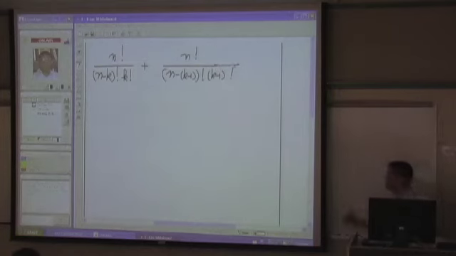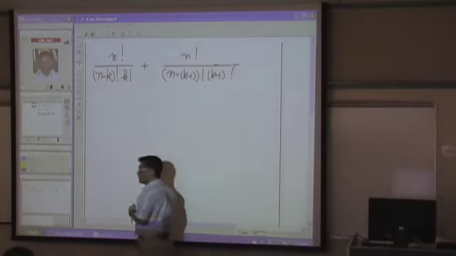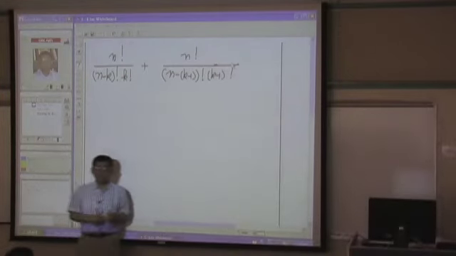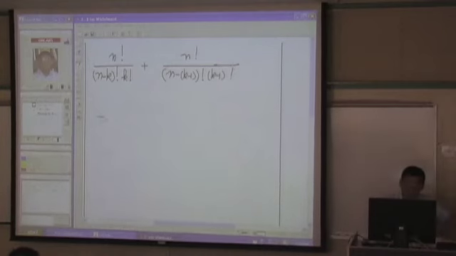So we want to mix these two things by extracting the common factor or common denominator. We want to extract maximal common factors. From the numerator, the maximal common factor that we can extract is n factorial.